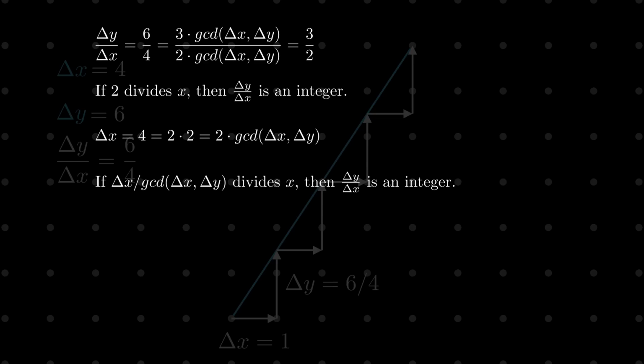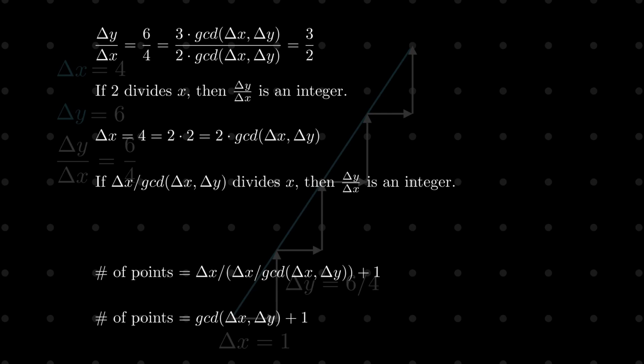Now this means that if we go from the x value of 0 to delta x, which is 4, then we get delta x divided by this value plus 1 number of points, because we have to count the first one, that's why there's a plus 1, and we have delta x steps to go through. So our total number of points is just the GCD of delta x and delta y plus 1.